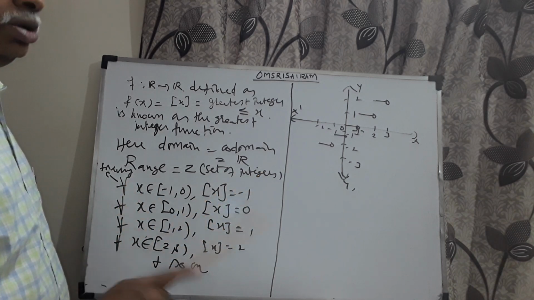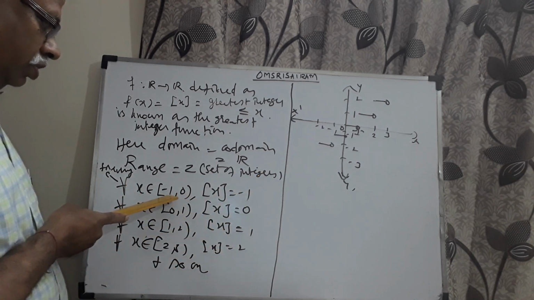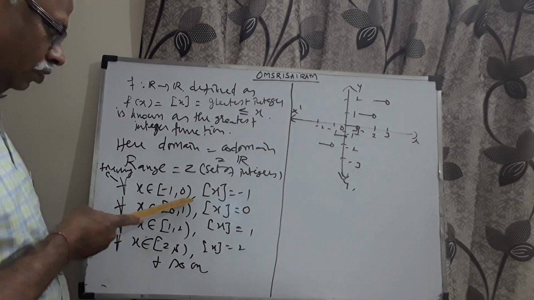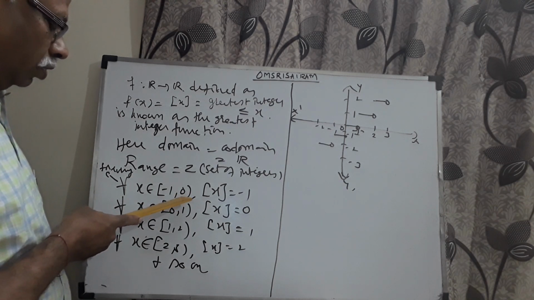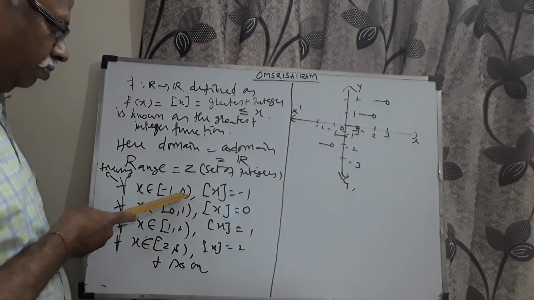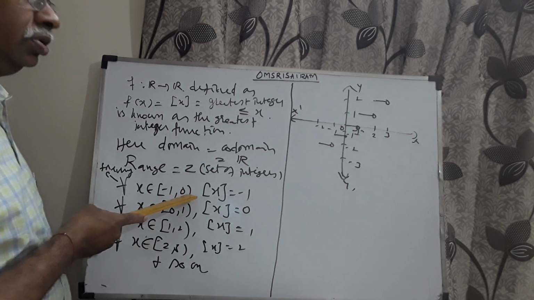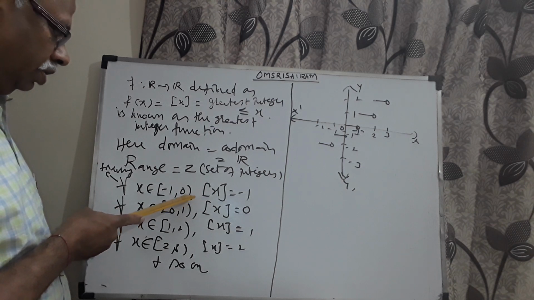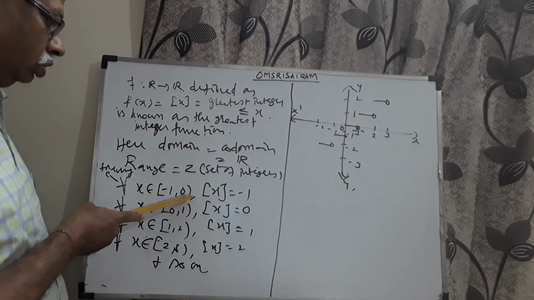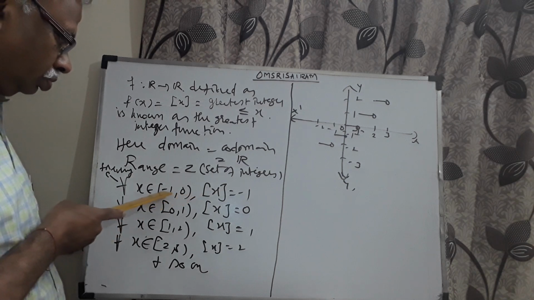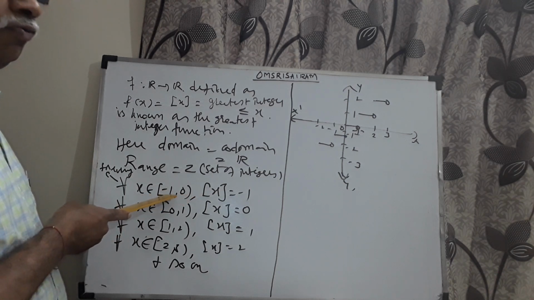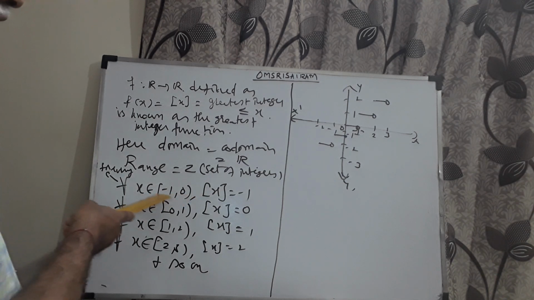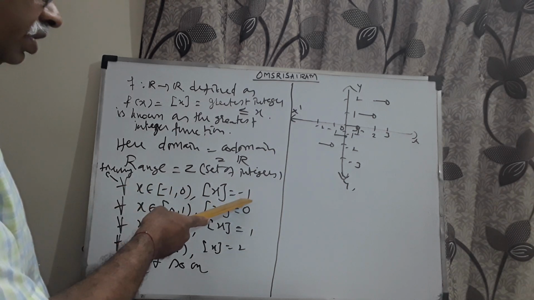How to think about the images? For every x in the interval [-1, 0), closed at -1 and open at 0, that is for minus 0.99, minus 0.98, etc., minus 0.001, etc., nearer to 0, the negative value, there are infinitely many integers below that: -1, -2, -3. Out of it, the greatest integer is -1.